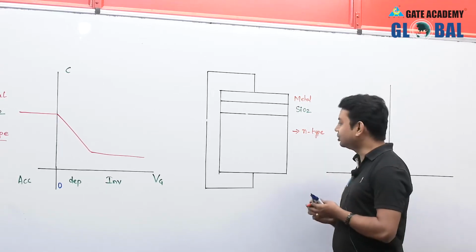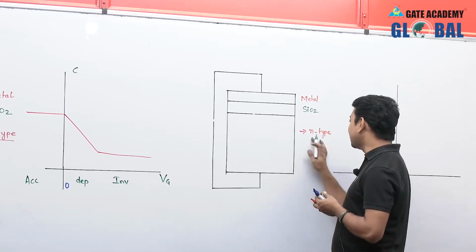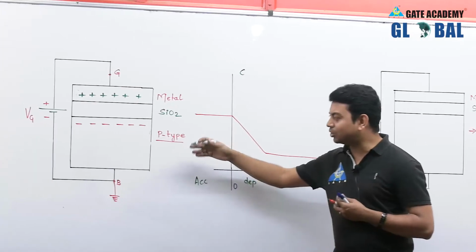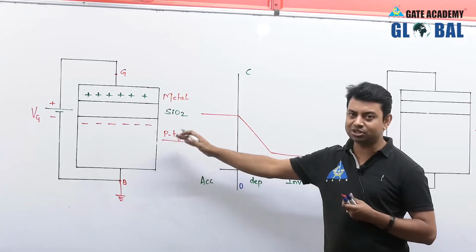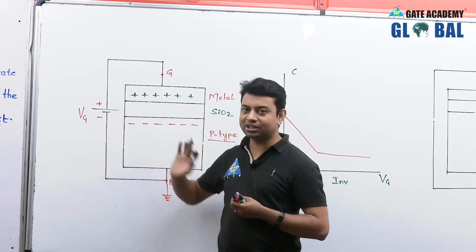Now what will happen? First of all, understand what accumulation mode is. In a P-type semiconductor, accumulation means nothing but the presence of holes when we apply a negative voltage at the gate terminal.